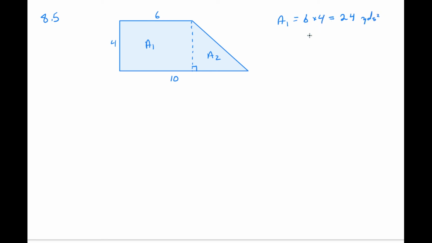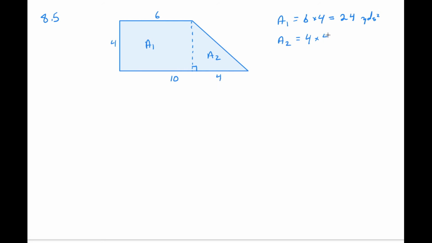Okay. Now area 2 is a triangle. So we have to say this times this divided by 2. So we know this is going to be congruent to this because it's the same distance. So we can say 4 times, but we need to find this here. So if 10 is the total length and we took off 6 for this part up here, 10 minus 6, this is going to be 4 over here.